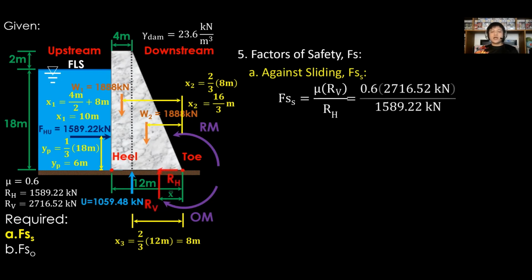Substitute the coefficient mu as 0.6, net vertical force RV as 2,716.52 kilonewtons, and net horizontal force RH as 1,589.22 kilonewtons. Therefore, Fs sub S is 1.026. Greater than 1 means safe from sliding, but it is already close to a value of 1, which means close to critical already.